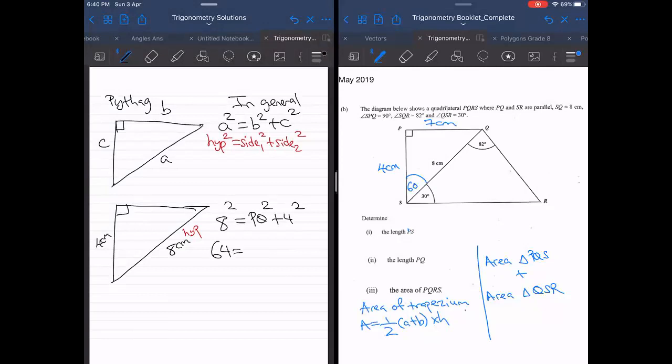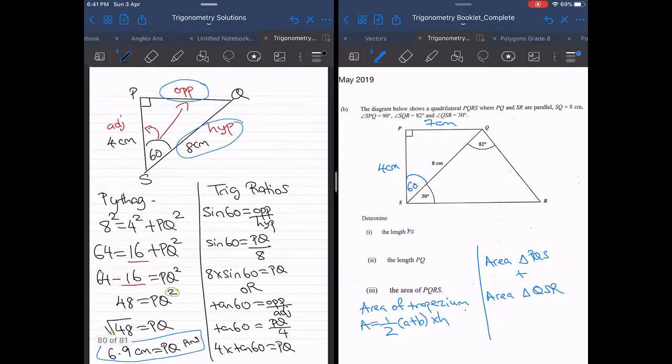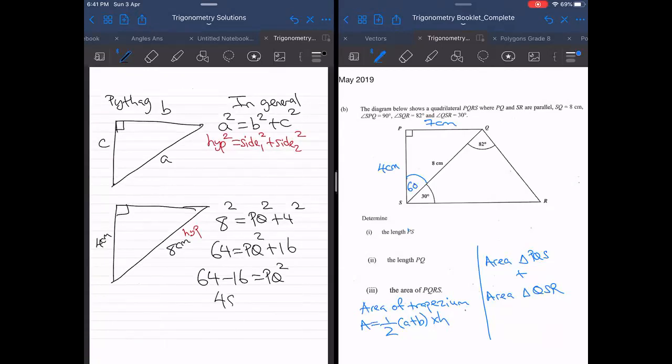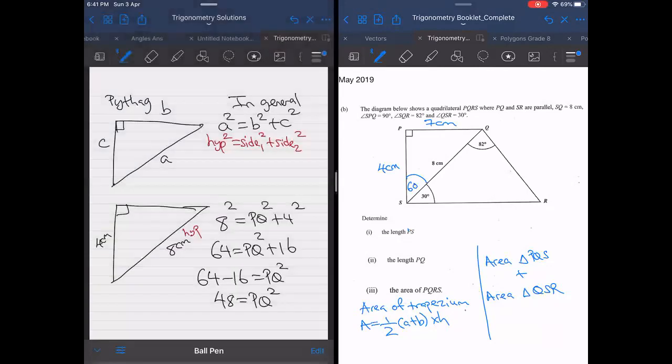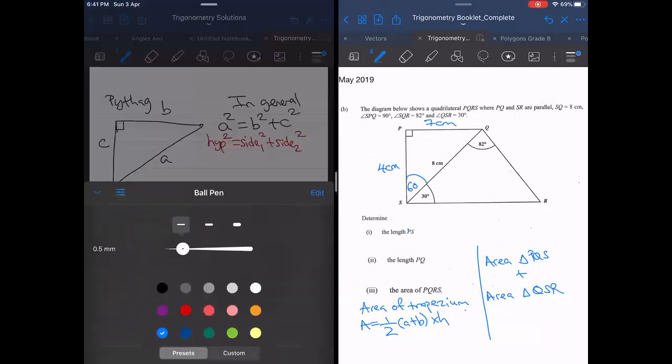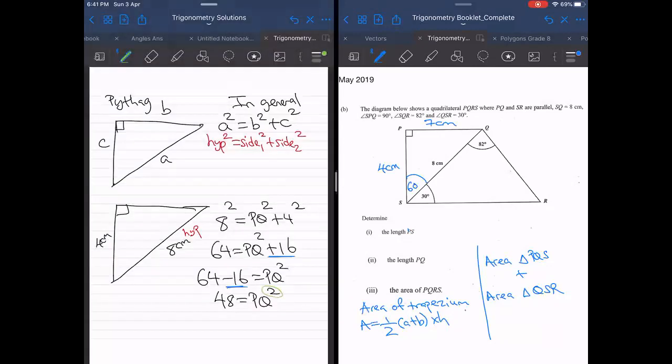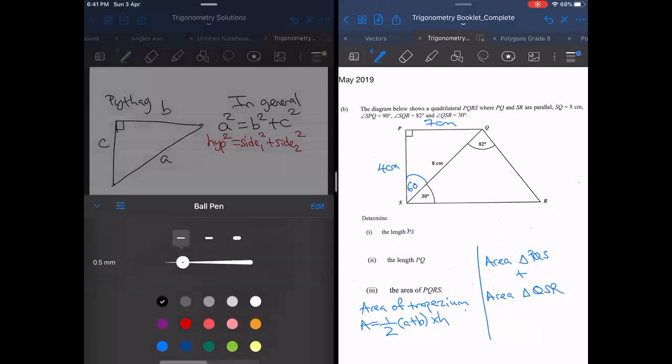So then you say 64 is equal to PQ squared plus 16. So 64 minus 16 is equal to PQ squared, and then we said what, 48. So the 16, which is added, when you take it over, you subtract. When solving your equations, if you have a square, to get rid of it, you have to square root the opposite side.